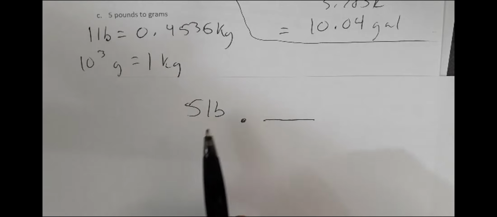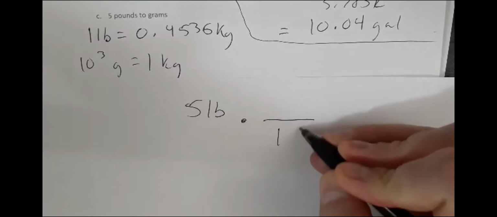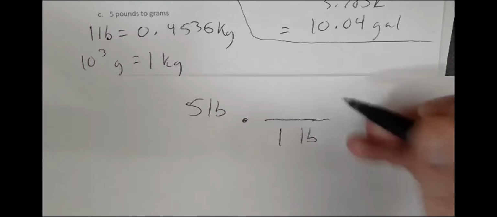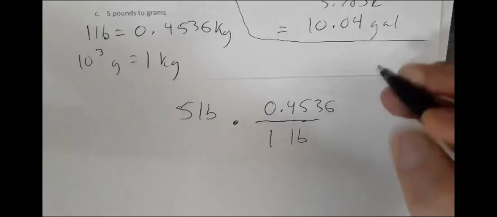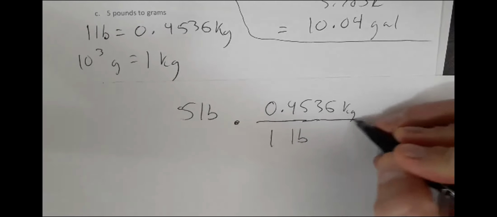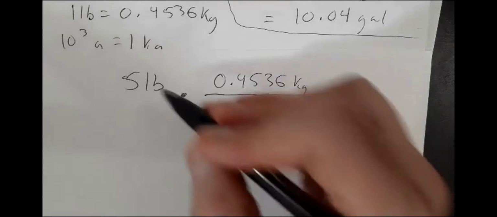If I have my pounds on top over here, I'm going to want to put my pounds on the bottom over here. Over here, I want to put 0.4536 kilograms. So this will convert it to kilograms.